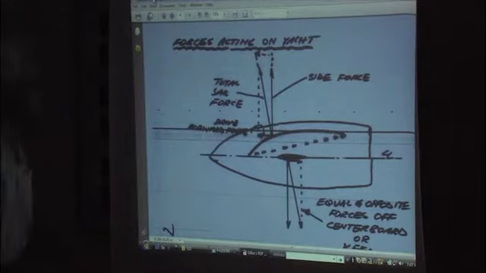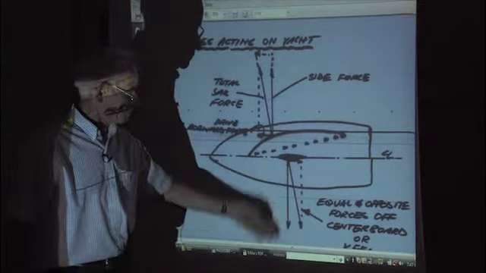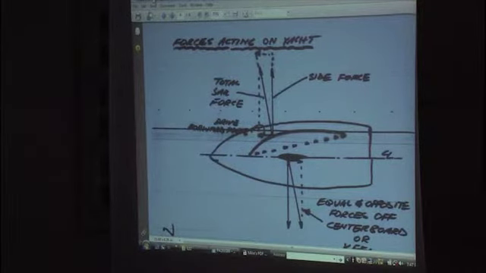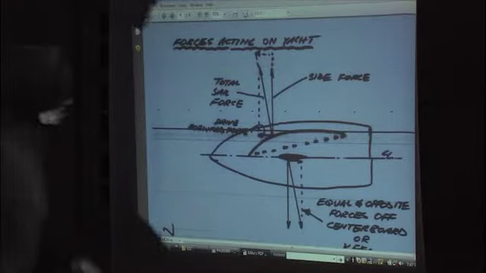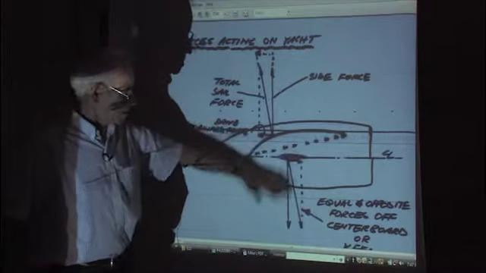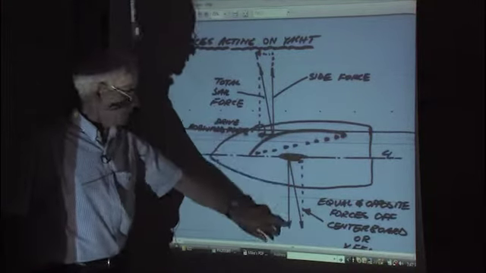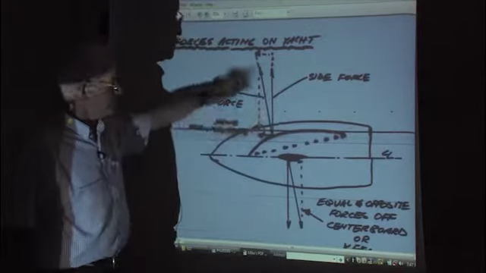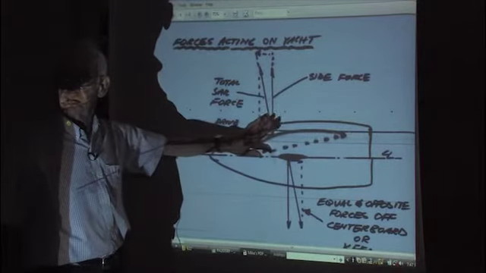And these are the equal and opposite forces that act on your centreboard, because Newton said for every force there's got to be an equal and opposite force. So this is the keel countering the side force, and the lift off the keel countering the total force of the sail.